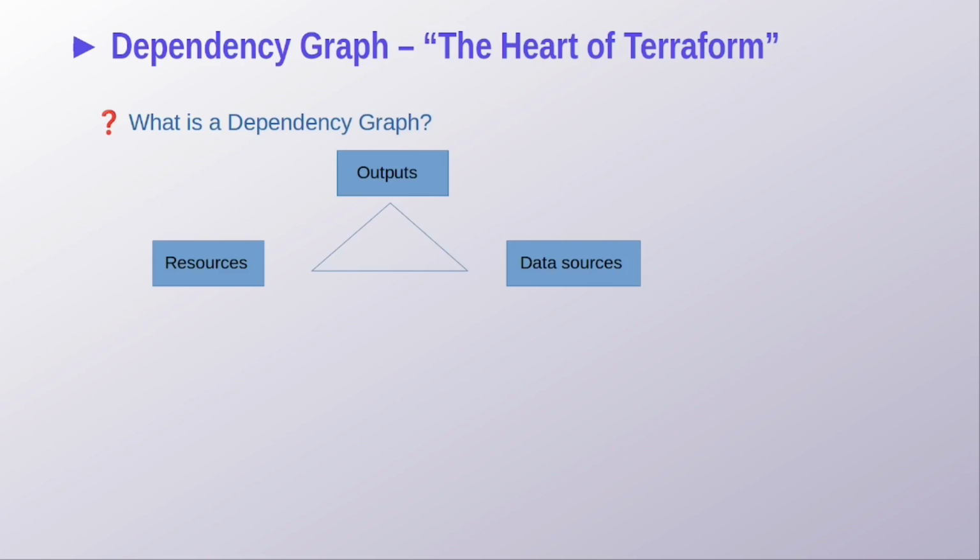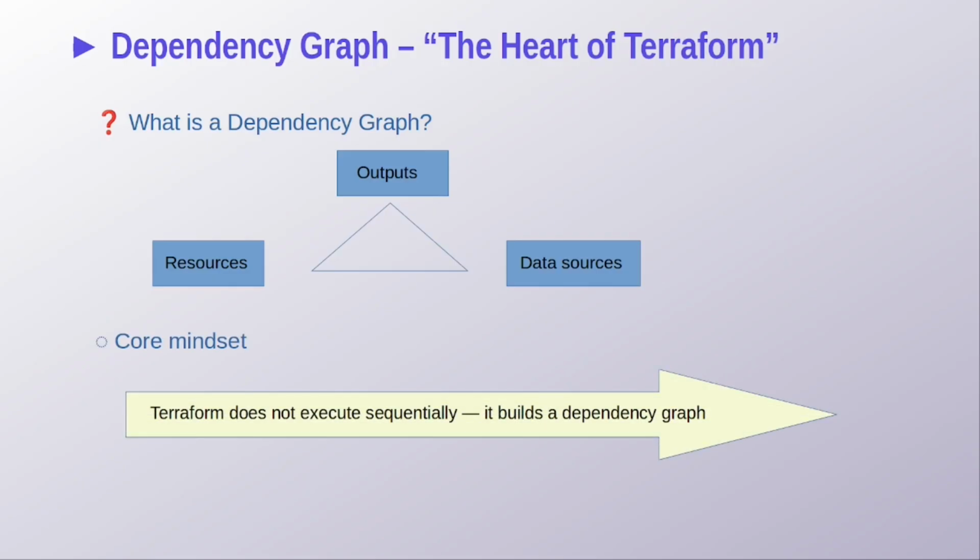Terraform uses this graph to decide what comes first, what comes later, and what can run in parallel. Please remember this sentence: Terraform does not execute sequentially. It executes a dependency graph. How are dependencies created? Dependencies are created in two ways: automatically when one resource references another, and manually using depends_on.